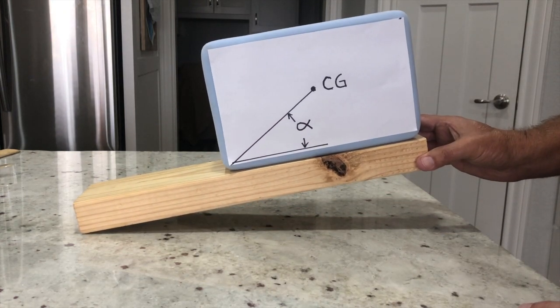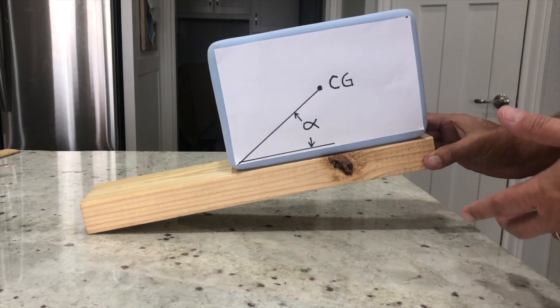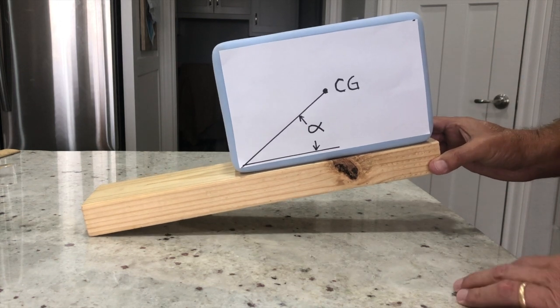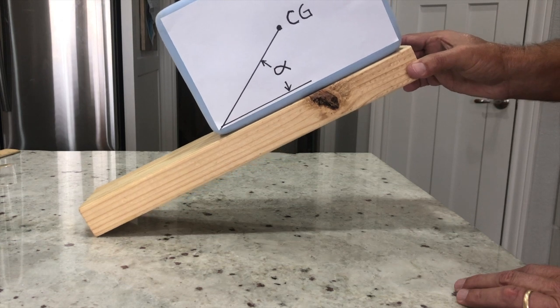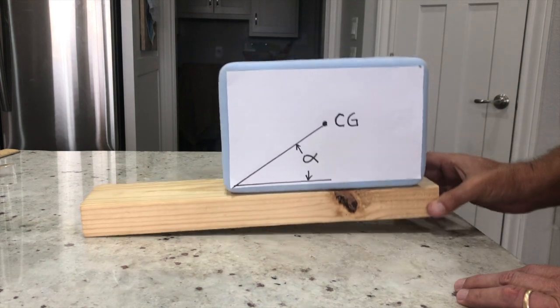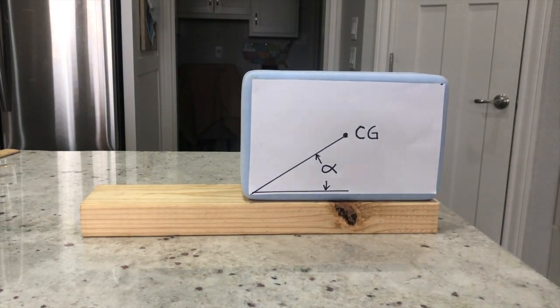But eventually the maximum friction force is mu times the normal force. And once you exceed that maximum, once the weight is heavy enough, it will pull the block down the inclined plane. We talked about you can estimate what the coefficient of friction is based on this.